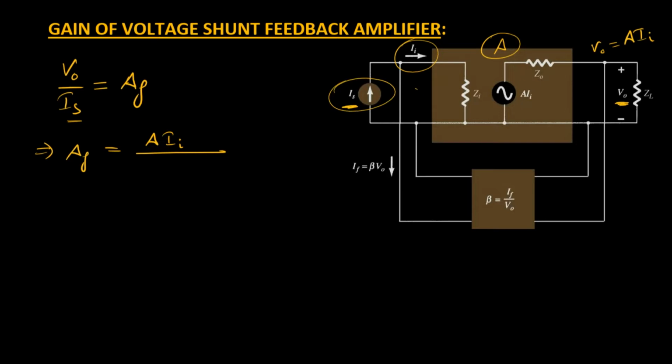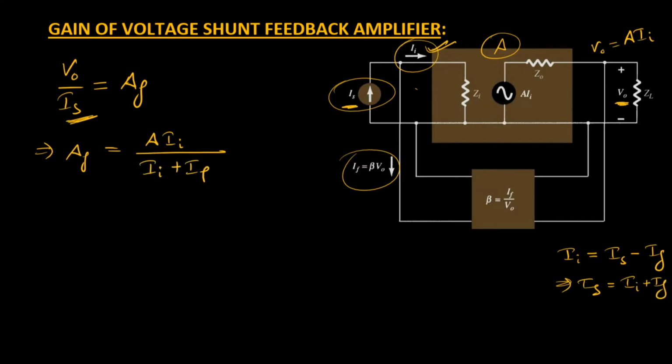The mixer actually performs this subtraction operation. Basically it is a negative feedback type. So II, which is the output of this mixer circuit, will be equal to Is, the source current, minus the feedback current value If, right? But this time I have to substitute for Is, so I can easily get this Is value from here. This will become II plus If, right? So let's put it here, II plus If.